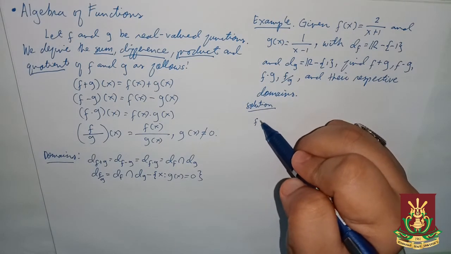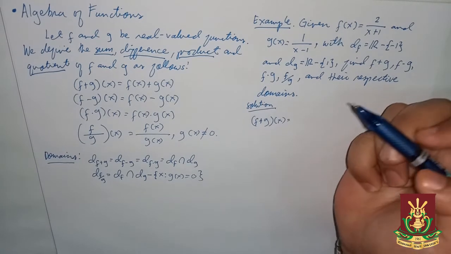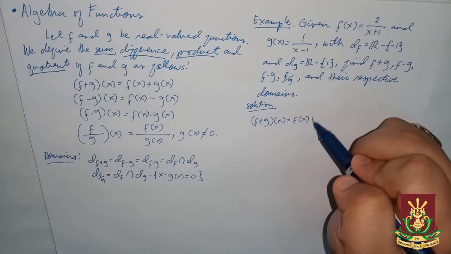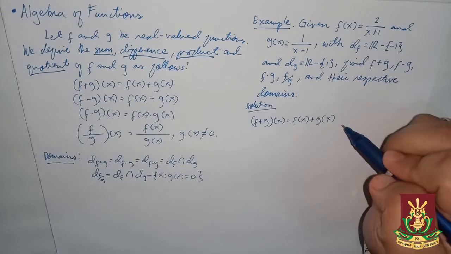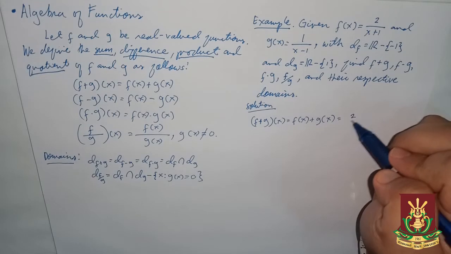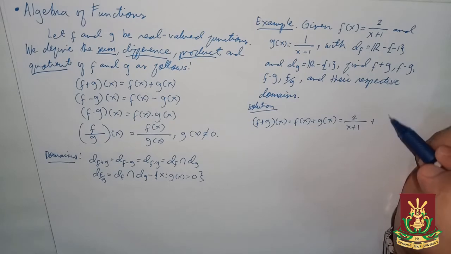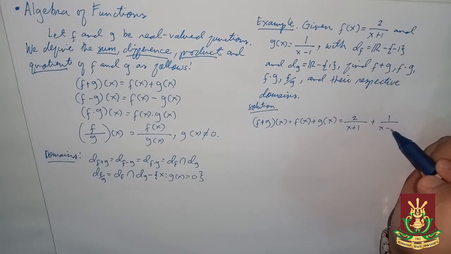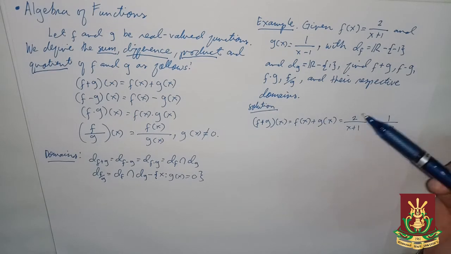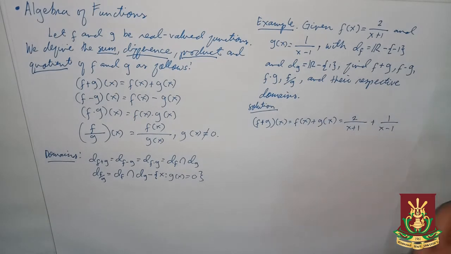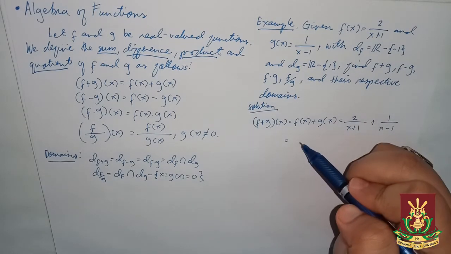So for f plus g of x, we have f of x plus g of x. According to the given, this is simply 2 over x plus 1 plus 1 over x minus 1. Notice that this is addition between two rational expressions. So what we do is to get the least common denominator.